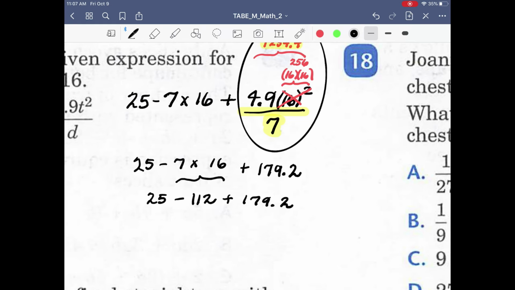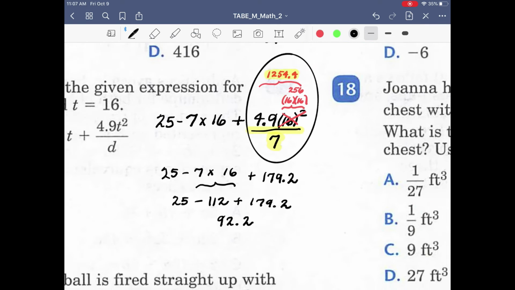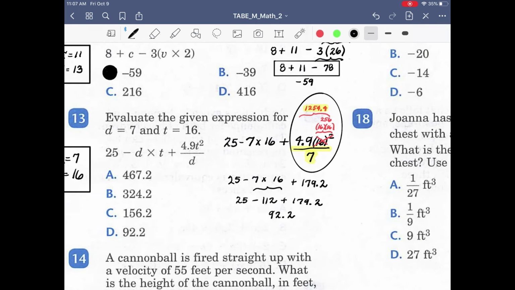All clear. 25 minus 112 plus 179.2 equals. You can even do it a couple of times if you're not sure. There's the answer I want. Number 13 is D, 92.2/10.